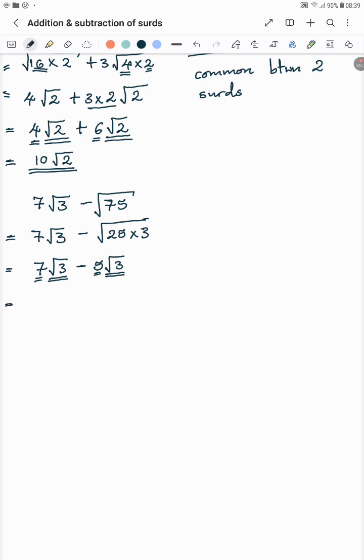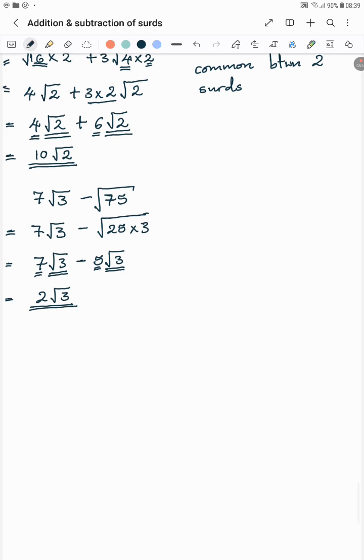So 7 minus 5, you get 2, and your answer is in terms of root 3. So this will be your answer.